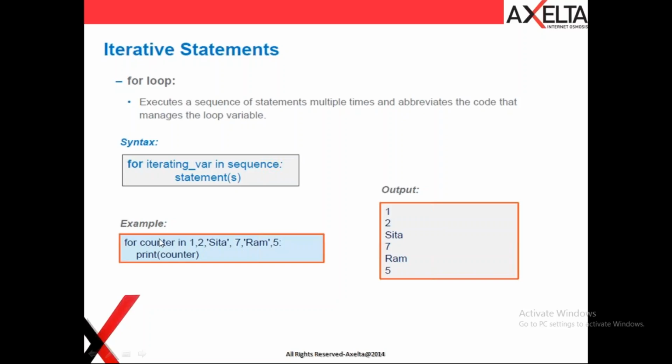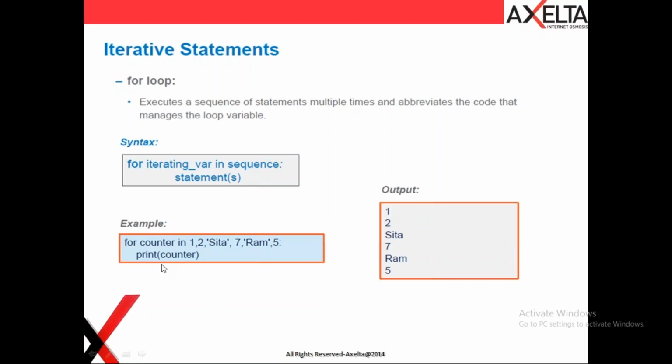Counter is the iterative variable, and in is a membership operator. Initially, whatever the first element is in the sequence will be applied to the variable, and we'll be using that variable for performing our task.